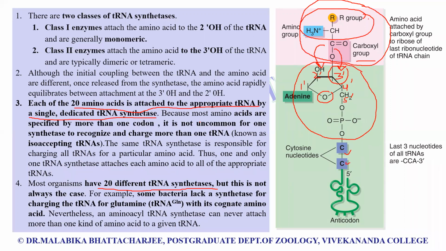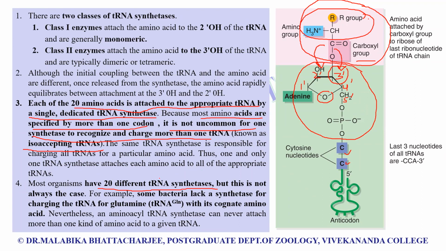And with the example of threonine, I explained that most amino acids are specified by more than one codon. So it's not uncommon for one synthetase to recognize and charge more than one tRNA. The 4 sets of codons of threonine were being recognized by a single tRNA, and these are known as iso-accepting tRNAs. This is the concept I have already given you.